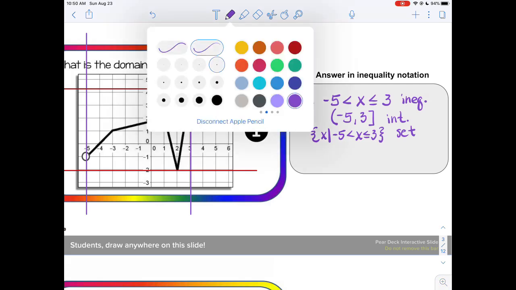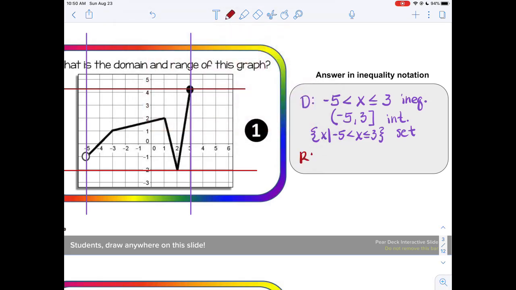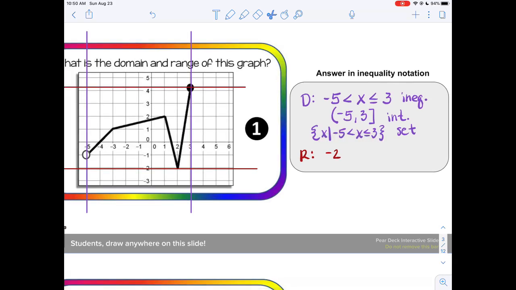Okay, let's look at range now. For the range of this graph, we start at -2. X is somewhere in the middle here, going up to about 4.2 maybe.